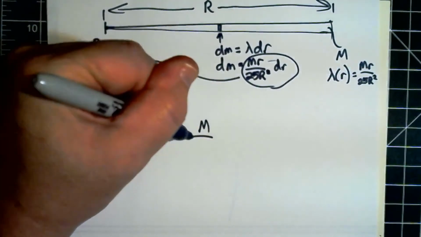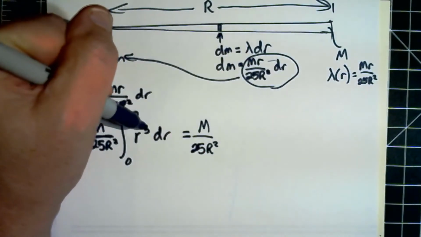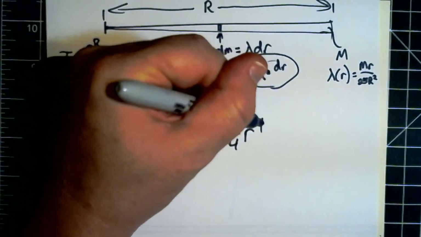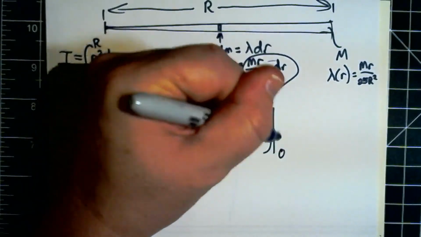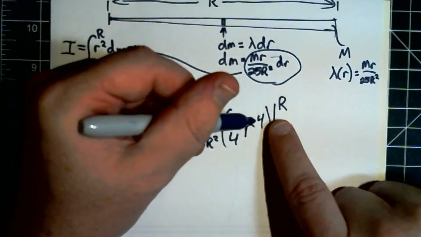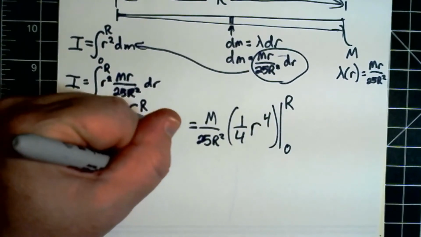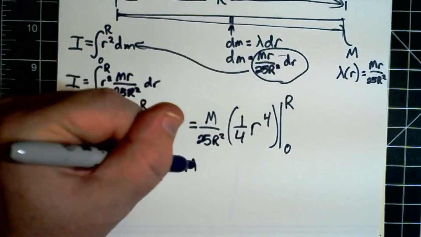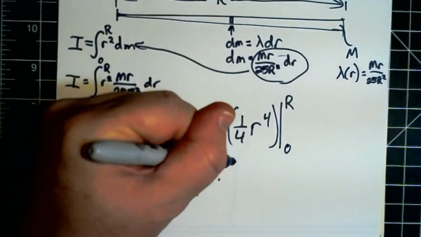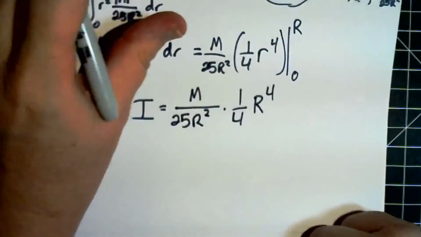Now this is a simple enough integral. We'll still have our constants out front, 25 R squared. The integral of r to the third power is 1/4 little r to the fourth. And we're going to evaluate that between 0 and capital R. The 0 term we can ignore and just substitute in capital R for the little r. So we're going to have m divided by 25 R squared times 1/4 capital R to the fourth, which we then can reduce a little bit.